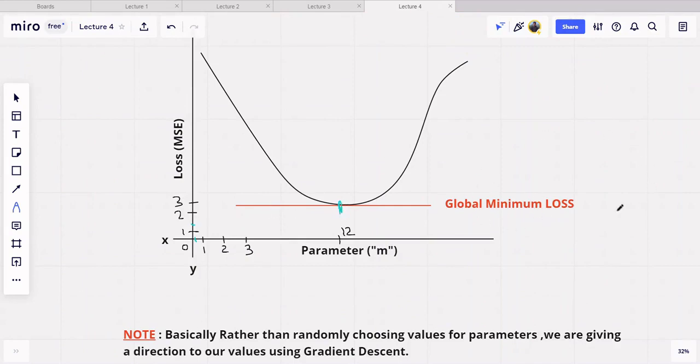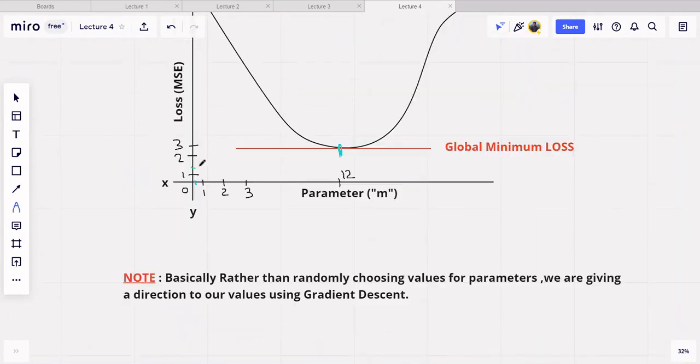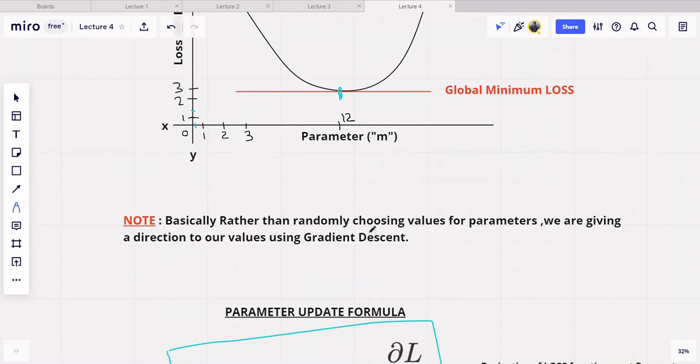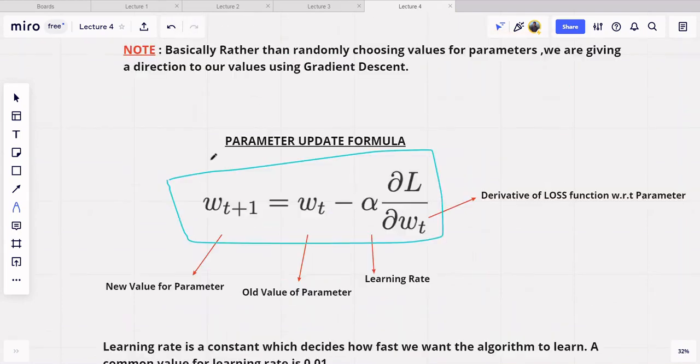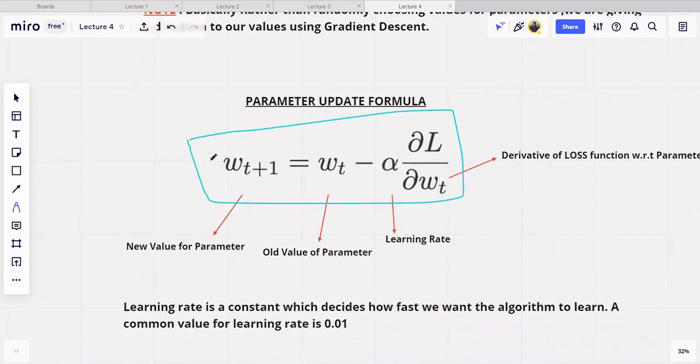So rather than randomly choosing values for our parameter, we are giving a direction to our values using gradient descent. Now this is also very important, the word direction, because if you look at the update formula, you will see one very important thing, which is the derivative.